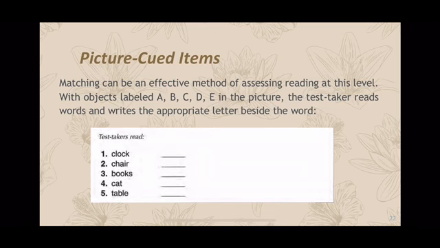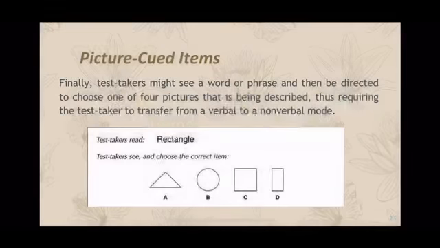With objects labeled A, B, C, D, E in the picture, the test taker reads words and writes the appropriate letter beside the word. Finally, test takers might see a word or phrase and then be directed to choose one of four pictures that is being described, thus requiring the test taker to transfer from a verbal to a non-verbal mode.